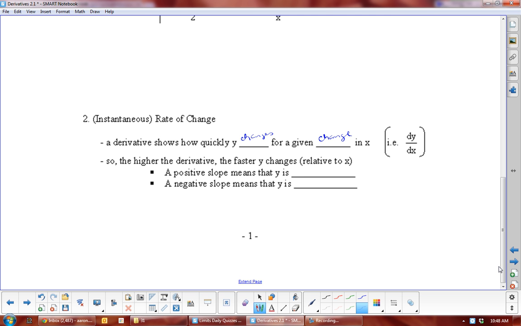So the higher the derivative, meaning the greater the magnitude, the faster y is changing relative to x. This isn't a new concept for you. If the rise changes more than the run does, it's going to be steeper. A positive slope means y is increasing, and a negative slope means that y is decreasing.